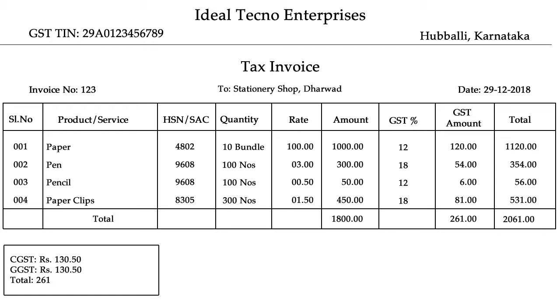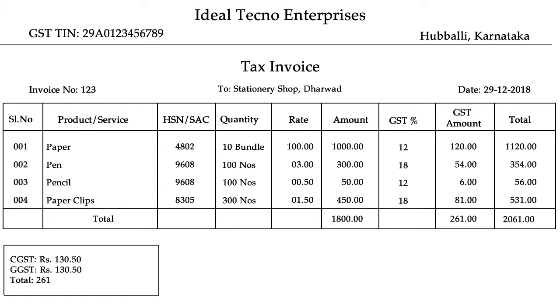The invoice will be issued by Ideal Techno to your company or your stationery shop. The typical bill, the tax invoice, is here. It contains all the materials you purchased. Say for example, you purchased paper with the HSN code 4802, and quantity is mentioned and also rate and GST amount and the total amount, that's including GST and your material cost.